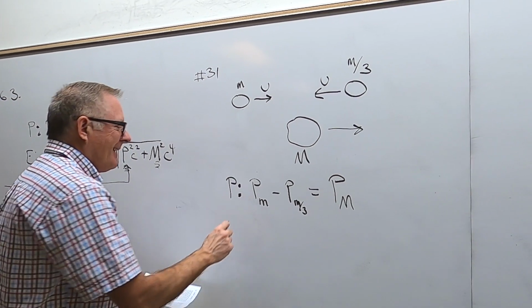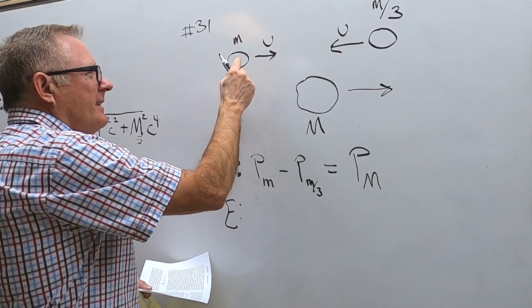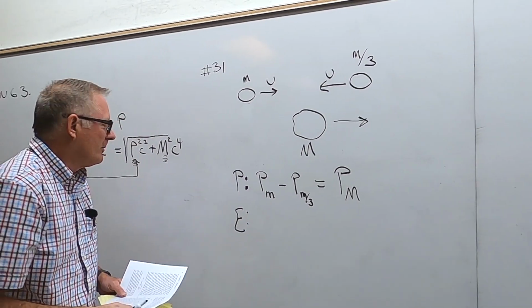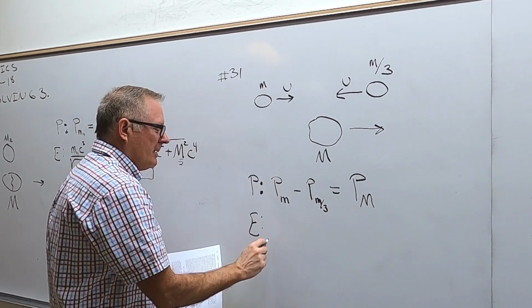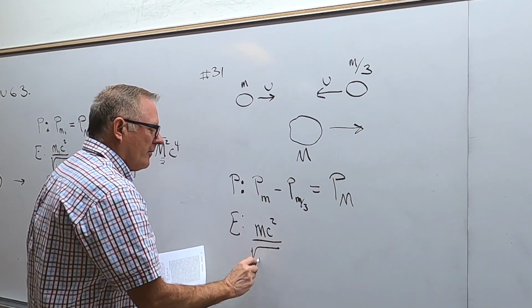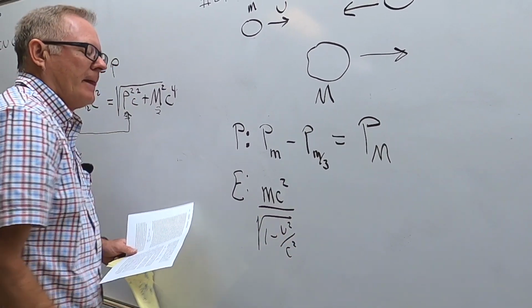Then we can plug in the energy equation. Well, we've got the energy of this one. Since they gave me the u, I'll probably use the same thing I did over here. And they gave me the m, so this would be mc squared all over the square root of 1 minus u squared over c squared.